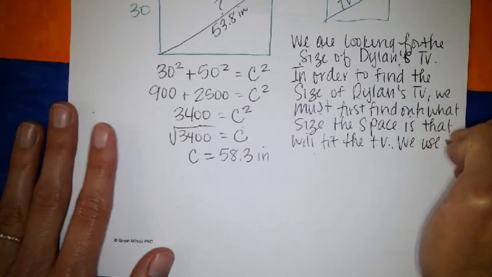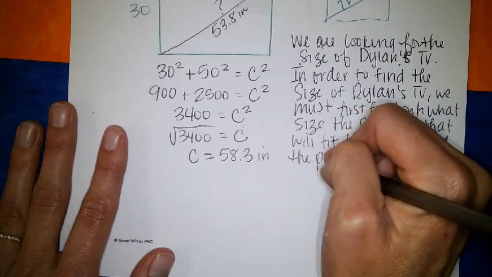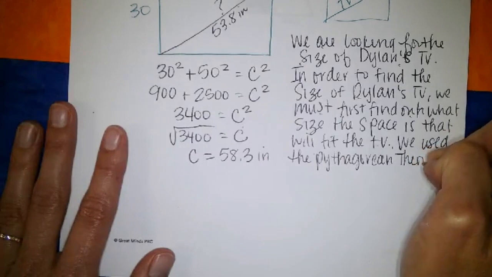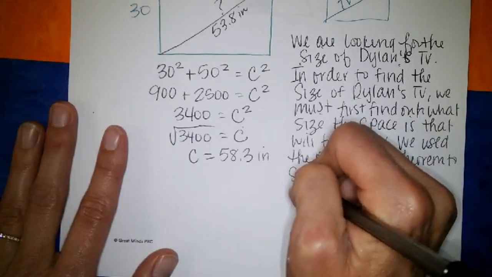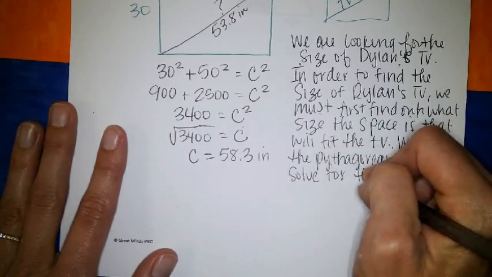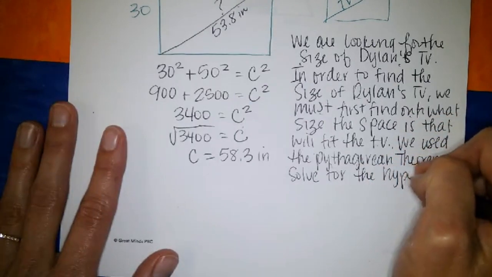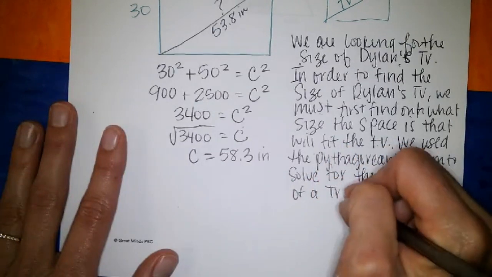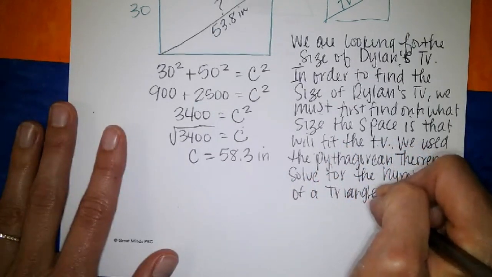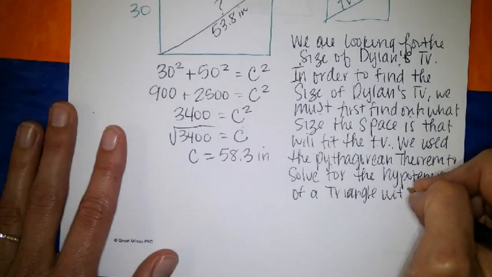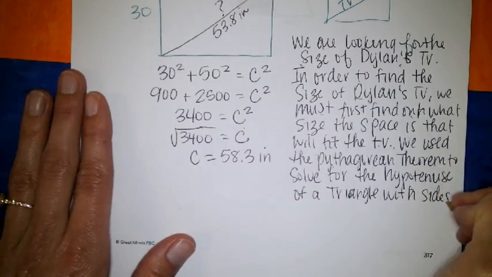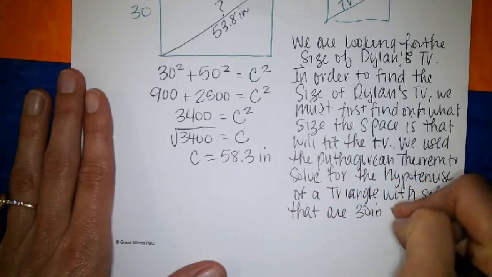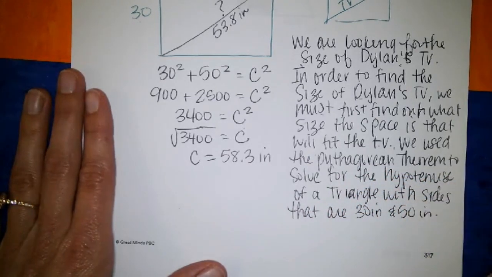We used the Pythagorean theorem to solve for the hypotenuse of a triangle with legs that are 30 inches and 50 inches.